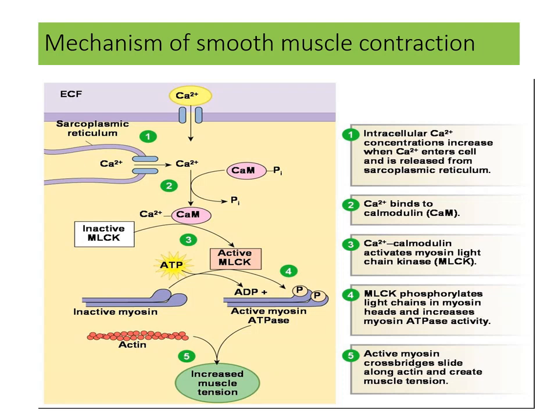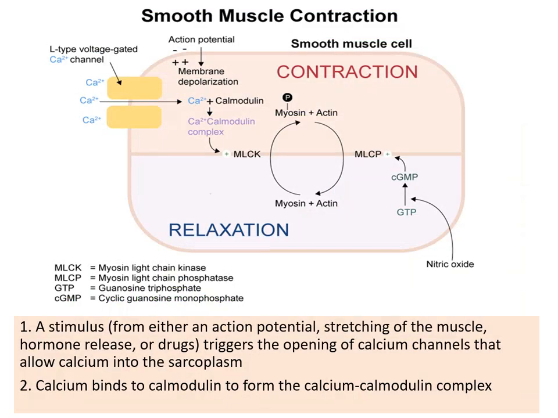Myosin light chain kinase undergoes phosphorylation and the active myosin is formed with the help of ATP, and the contraction begins. So in this way, the calcium and calmodulin are responsible for activating MLCK, the myosin light chain kinase, for the beginning of the contraction.